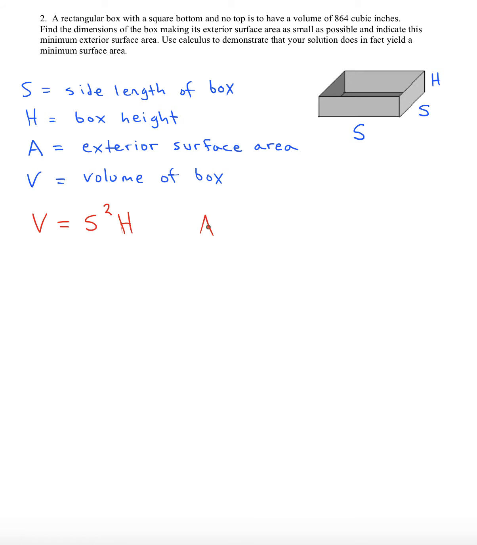We could also come up with a formula for the surface area of the box. Notice that there is a base, which has an area of S squared. And then there are 4 identical sides to this box, all having an area of S times H. But there are 4 of them.